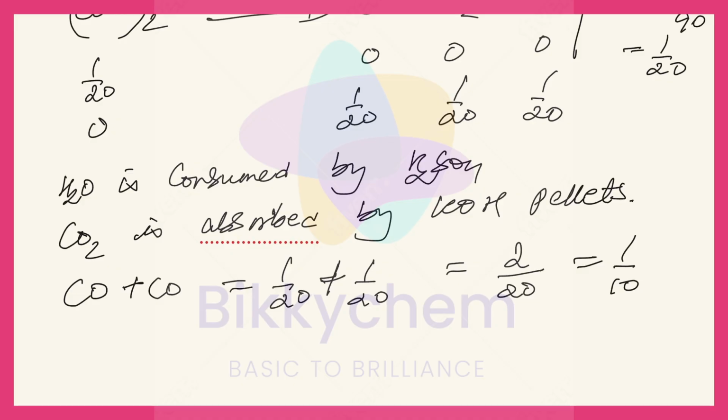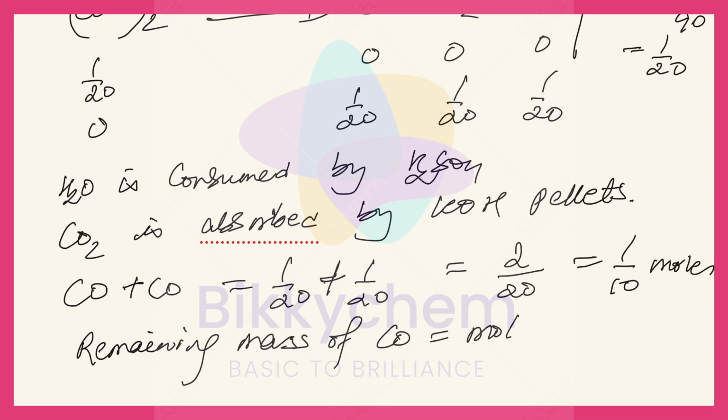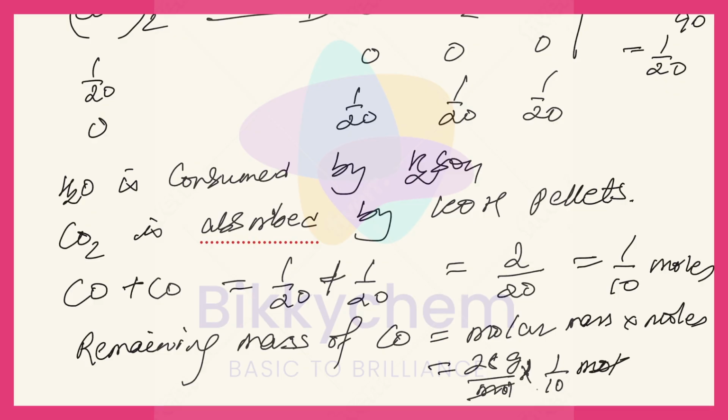So the remaining mass of CO will be molar mass into moles, that is 28 gram per mole into 1 by 10, which is 2.8 gram. So hence the option will be C.